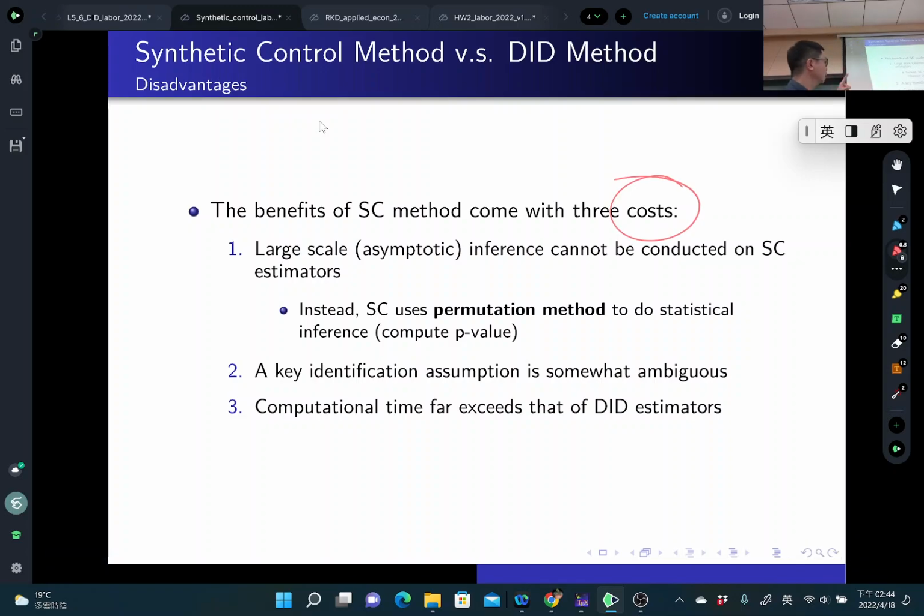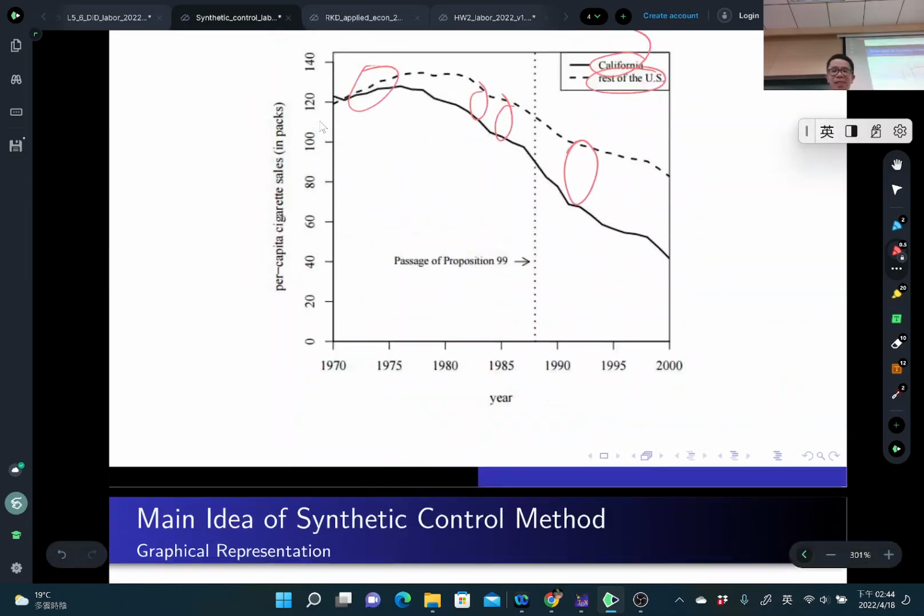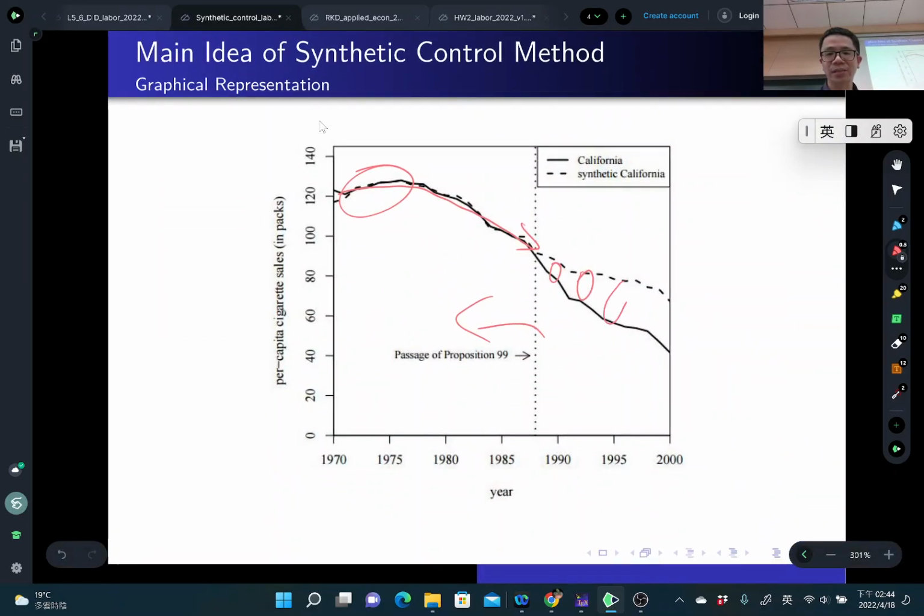First, no one has actually derived the formula for the synthetic control estimates. It's asymptotic theory. So that means we get some effects, we know there's some effect, but we don't know whether this estimate is significantly different from 0 or not, because we don't know the estimate's distribution, and also its standard error.